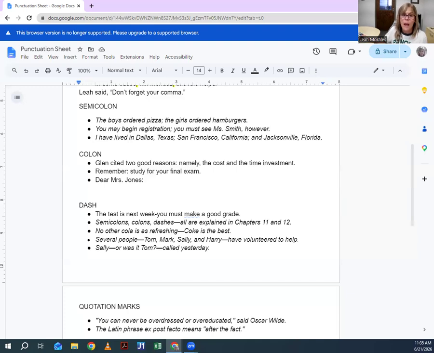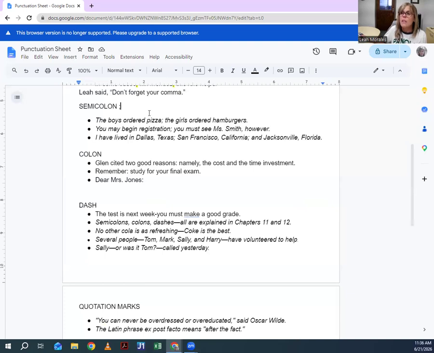Now let's look a little bit at the semicolon. Okay. And a semicolon is this one. It is the winky face emoji with the parentheses after it. That is the semicolon. They are primarily used to indicate the omission of a coordinating conjunction, okay, between two closely related independent clauses.